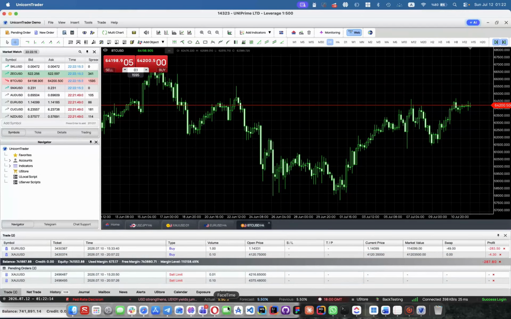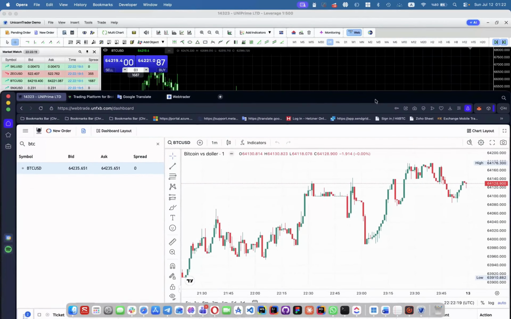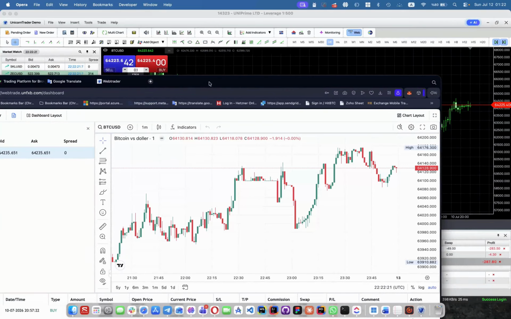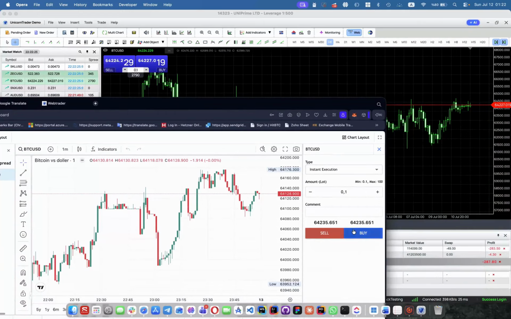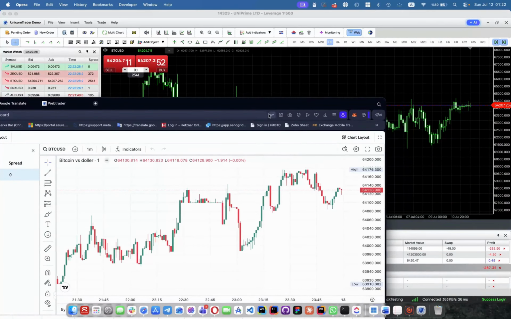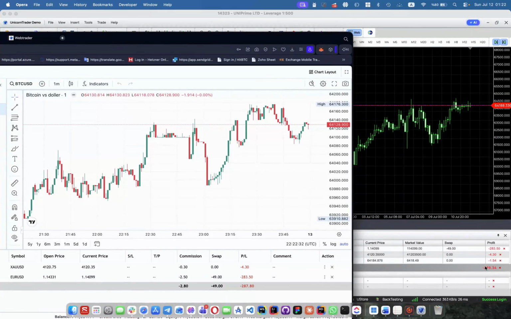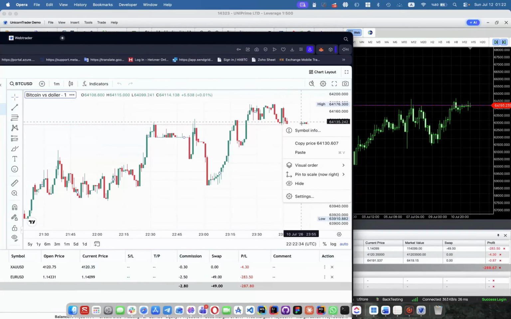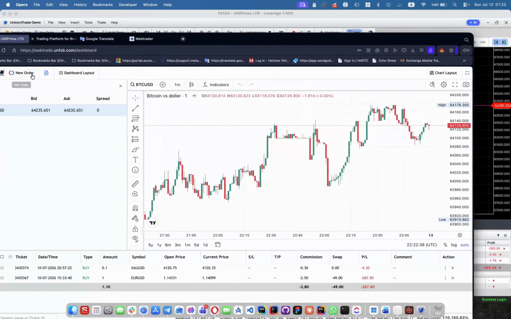All right, for the next step, I'm going to open up another position right here, for example, by taking a look at this Bitcoin to see how the market is moving. It opened up on this side incredibly fast as before, without even a single moment of delay. Let's execute the order one more time to be absolutely sure.